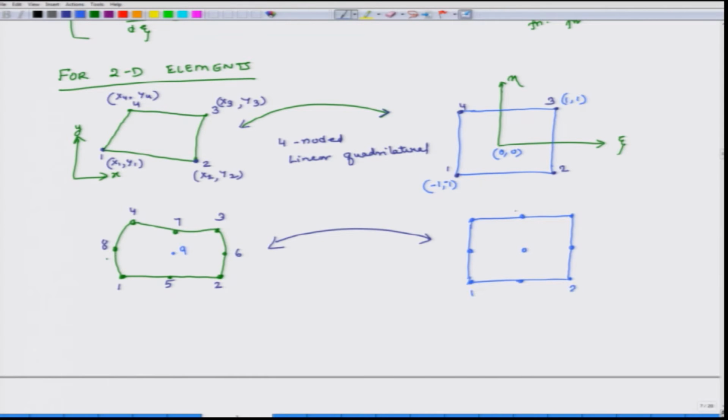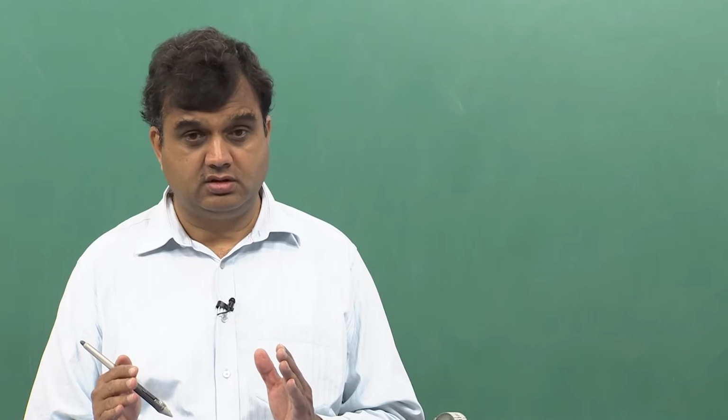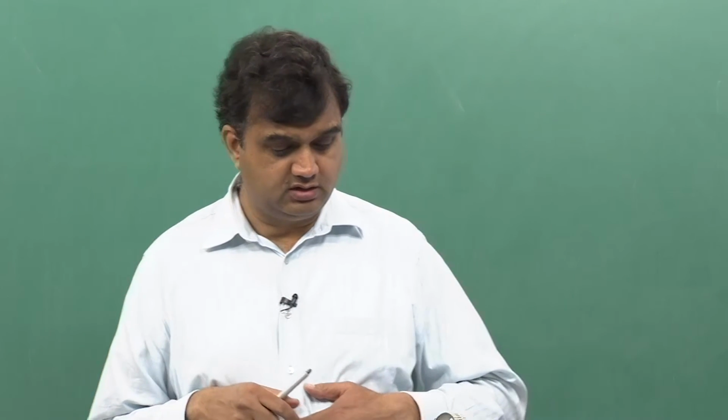So 1, 2, 3, 4, 5, 6, 7, 8 and 9, and my coordinate system is still the same. So, here an 8 noded quadrilateral with curved edges maps into a square in the zeta and eta domain.